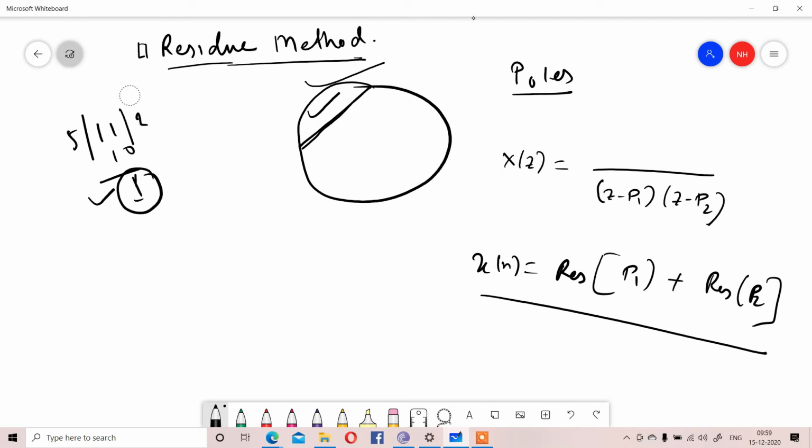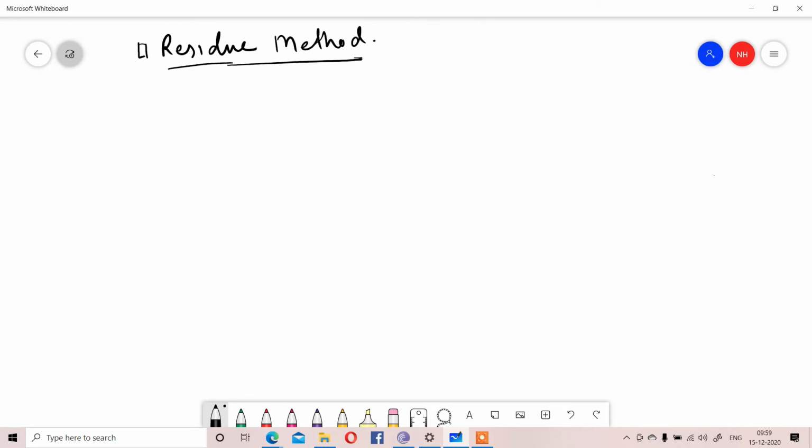Clear what is residue? Generally, whenever you are doing the inverse Z transform, you can directly calculate x[n] from X(z) by using a circular integral method.